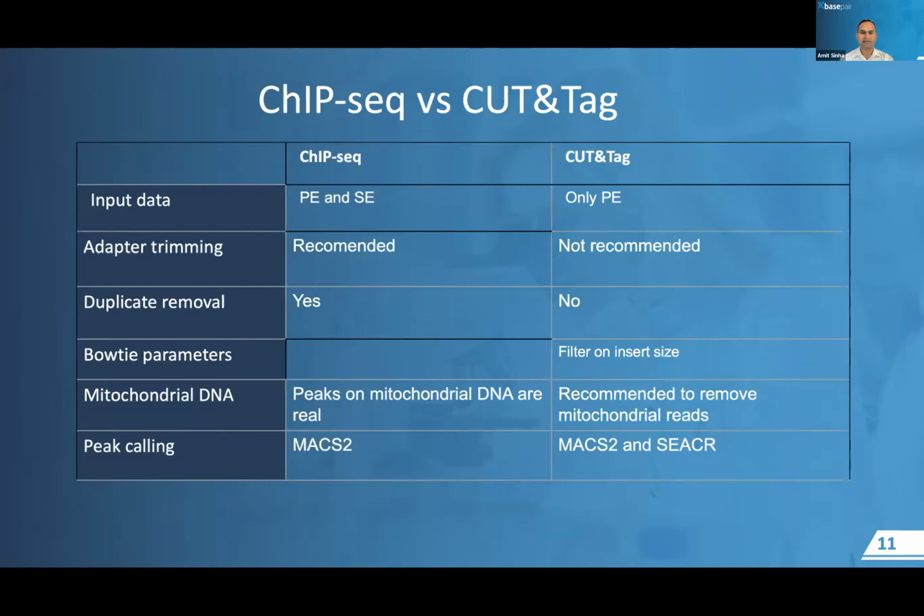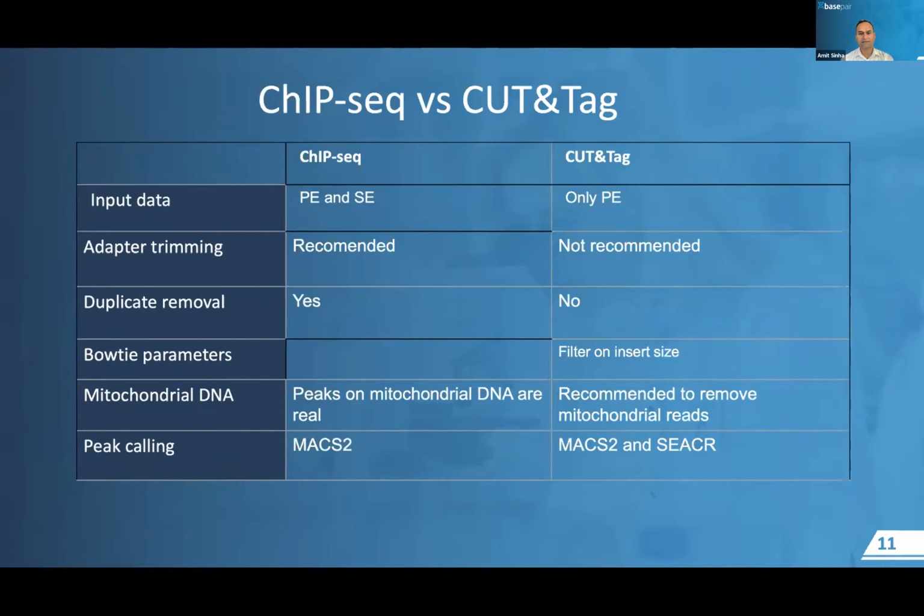So when you run these pipelines on Basepair, the Bowtie parameters are already tuned for you. All you need to do is choose the ChIP-seq or the CUT&Tag pipeline, and we will automatically handle the parameters for you. You're welcome to change these parameters and rerun your analysis with different settings, but the default parameters should work well for most use cases.